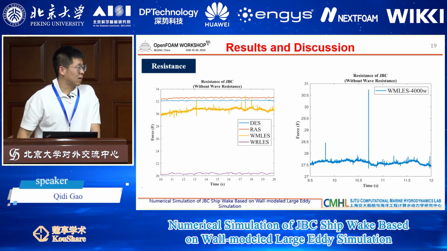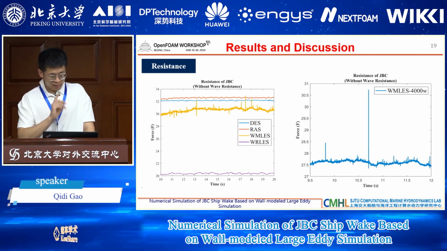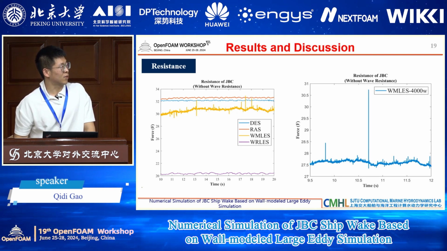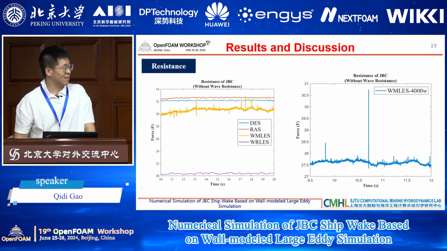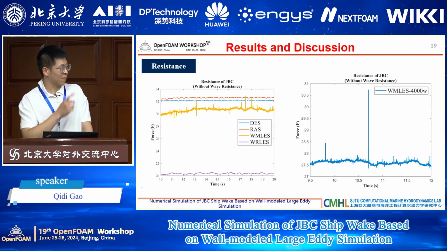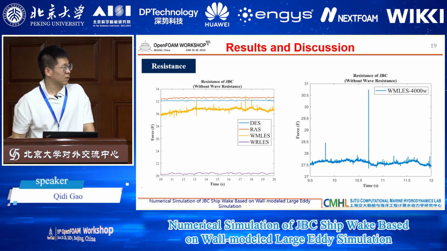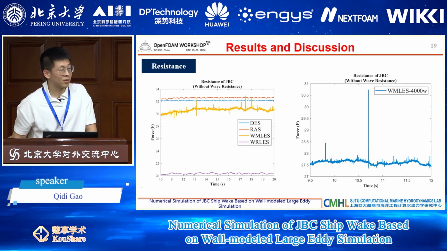It's a non-physical phenomenon. In our actual work, we found this situation, and we can't explain why it happened. We think it's related to the basic wall model and how it solves the equation.